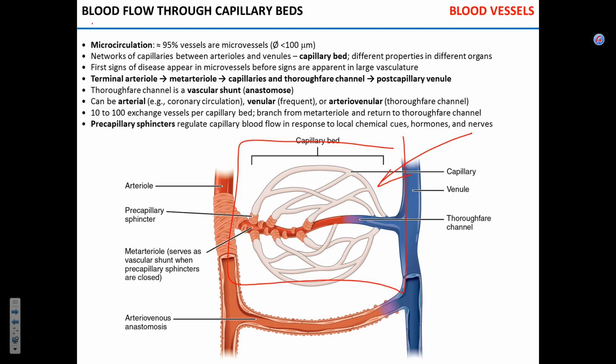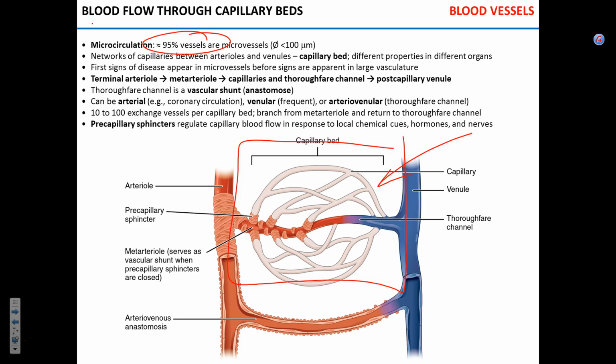Microcirculation, the blood vessels that are generally considered to be smaller than 100 micrometers in diameter, represents 95% of all blood vessels. To give an idea how important the microcirculation is, the total surface of microvessels is roughly comparable to the surface of a football field.